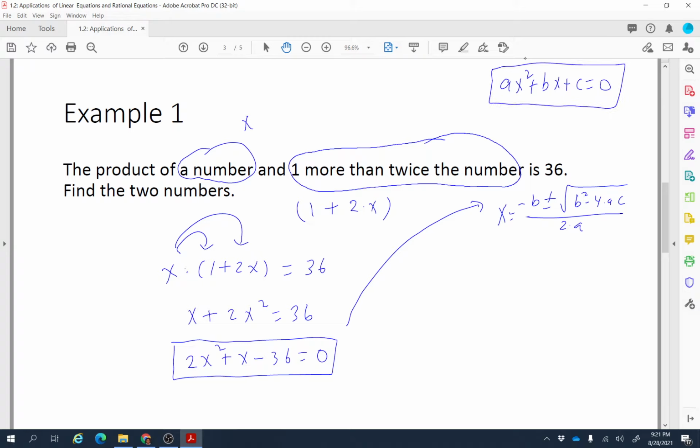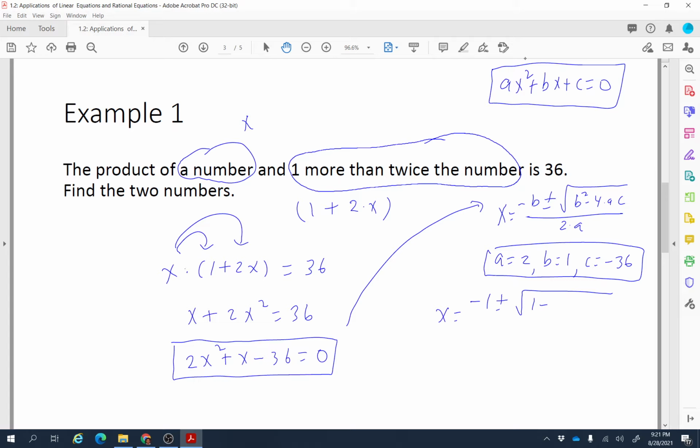So now we can compare this equation with the standard form. We can find a, which in our case is 2, b, which is 1, and c, which is negative 36. If we plug these values of a, b, c into the quadratic formula, we get x equals negative b plus minus the square root of b square, which is 1, minus 4 times a times c.